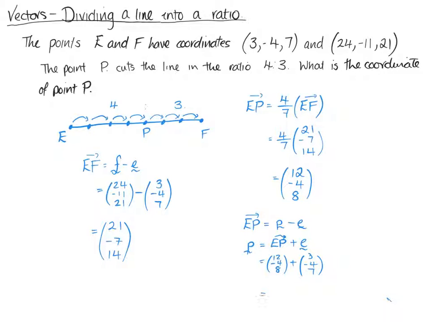Right, so we've got 12 plus 3, which is 15. We've got minus 4 plus minus 4, which is minus 8. And then we've got 8 plus 7, which is 15. Okay, so therefore, P is the point equal to 15, minus 8, 15.